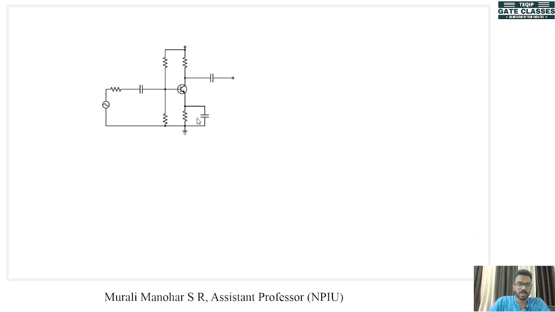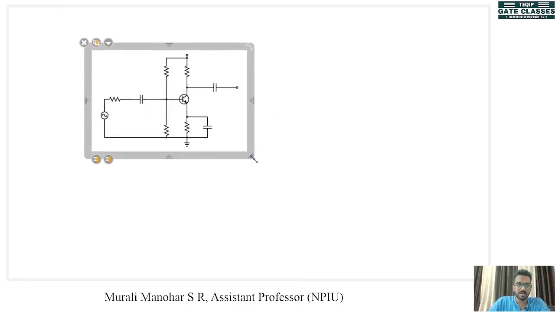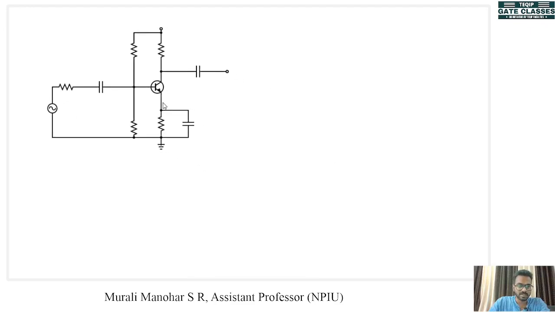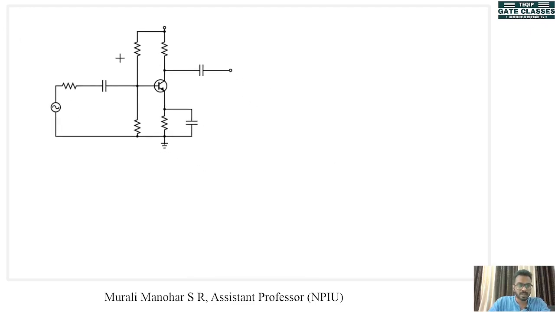This is a common emitter amplifier, which looks like this. Now we know that this is VCC, this is R1, this is R2, this is RC, this is RE. We have already seen the circuit. This is the voltage divider bias for common emitter configuration.